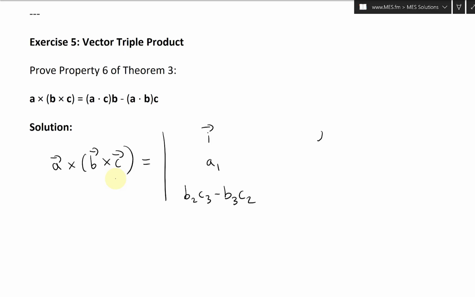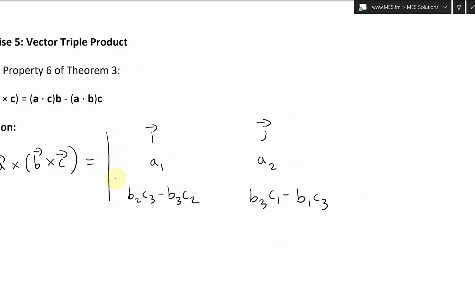Then the next one is going to be j, and this is going to be our a2. Let's do this without the negative sign, because when you put the negative sign, it's going to be b1 c3, etc. So let's remove it and instead do b3 c1 minus b1 c3.